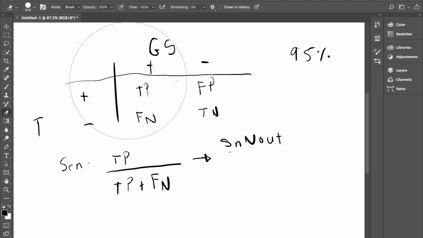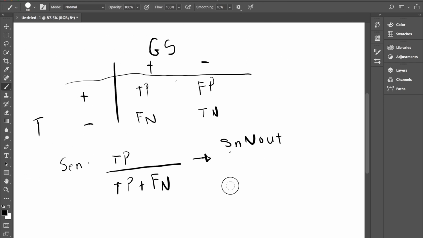But you can think of it this way. If I have high sensitivity values, then I have low 1 minus sensitivity values, right? If I have 95% sensitivity, then I only have 5% 1 minus sensitivity.